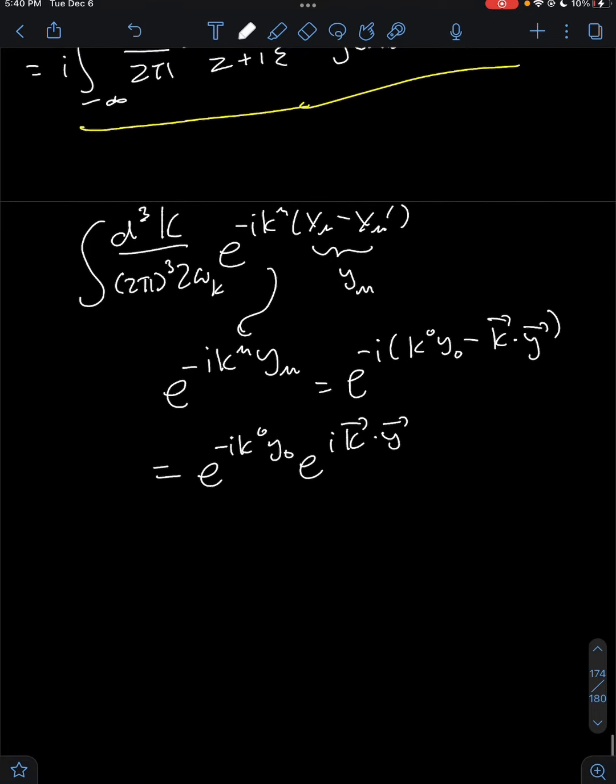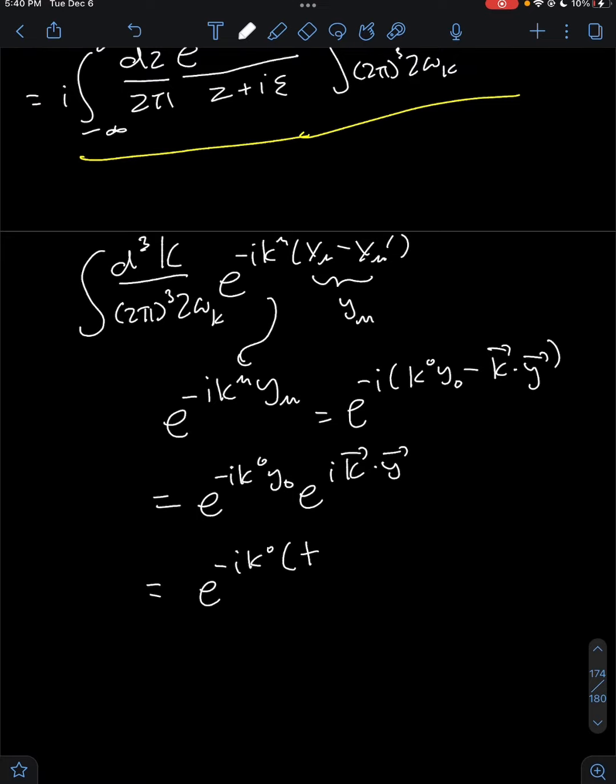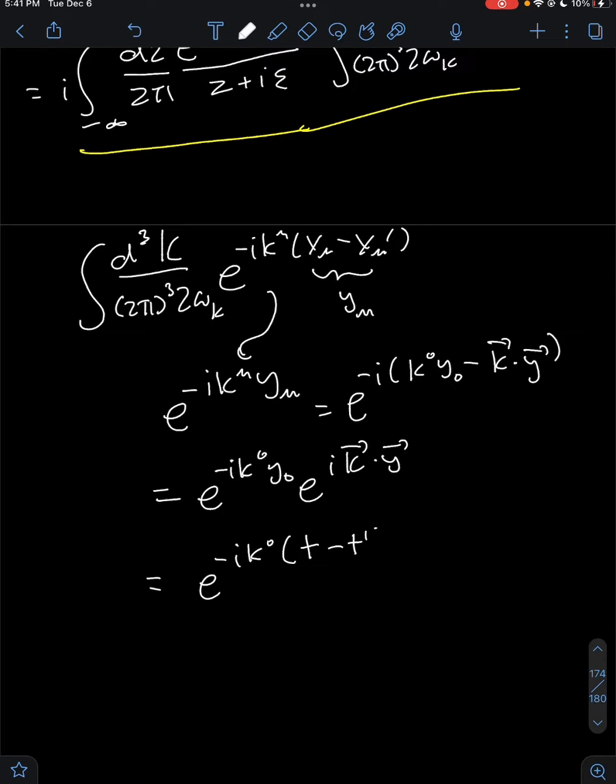Now to expand this out again, that's just going to be e to the minus i k_0 times (t minus t prime), because y is x^mu minus x^mu prime, so y_0 is x_0 minus x_0 prime, which is just t minus t prime, and then times e to the i k dot y.